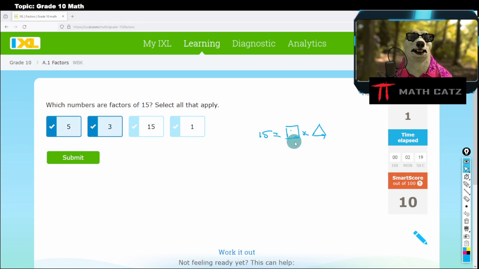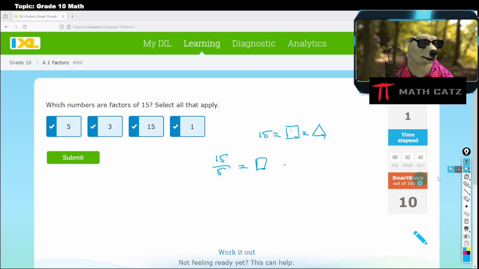I can write 15 as 15 times 1, and I can write 15 as 1 times 15. So they're all factors. You can also view it as division: 15 divided by 5 is a number with no remainder, or a 0 remainder rather.